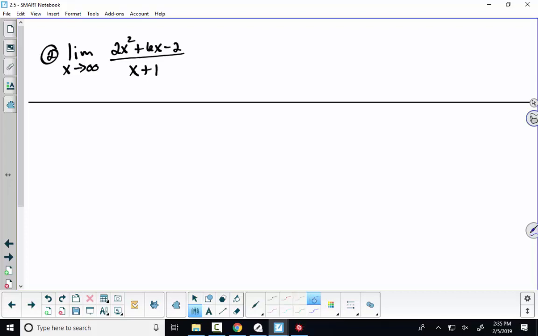But in those instances where you had a slant asymptote, it wasn't a horizontal asymptote, so you said there was no horizontal asymptote. You would still get the same conclusion whether you remembered it's a slant asymptote or not, because as x approaches infinity, this thing is equivalent to this thing.